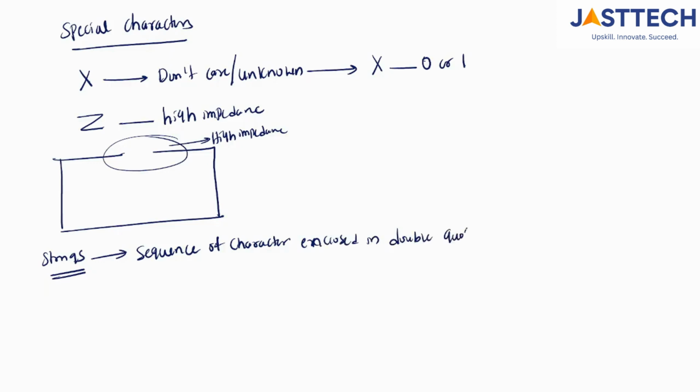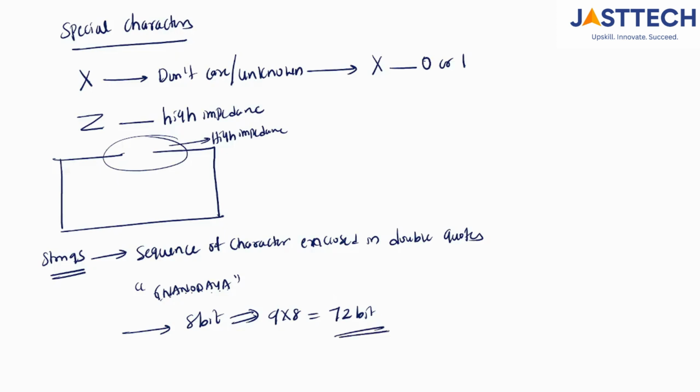For example, we'll call it "nanodaya". Each character will take 8 bits. So how many characters are there? 1, 2, 3, 4, 5, 6, 7, 8, 9. So 9 times 8, total 72 bits. Like this it will store.